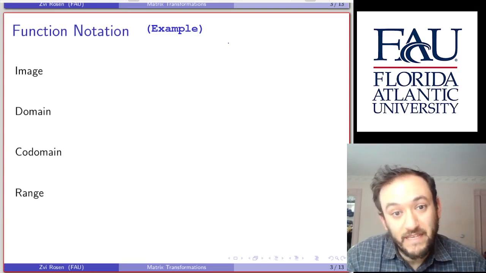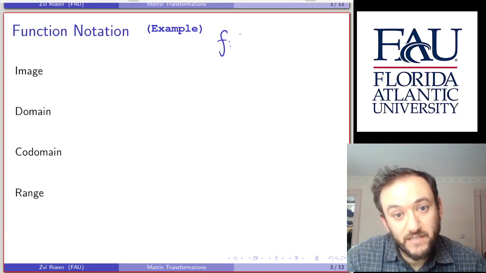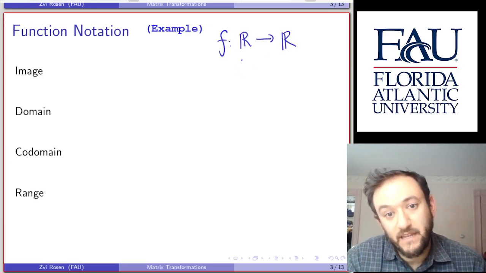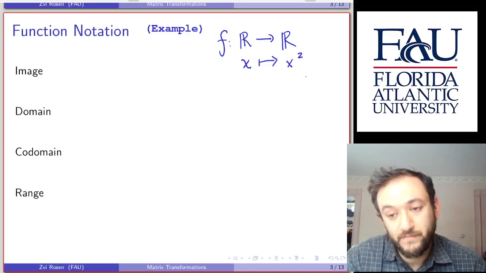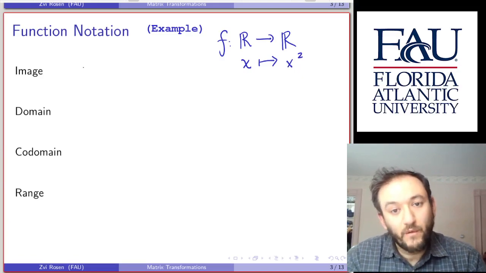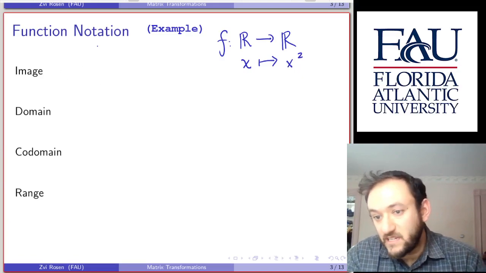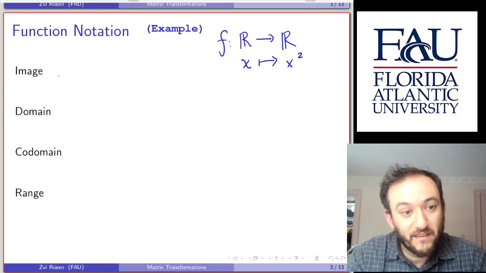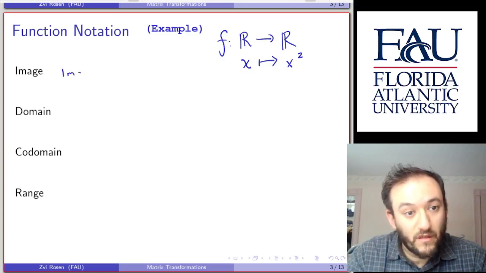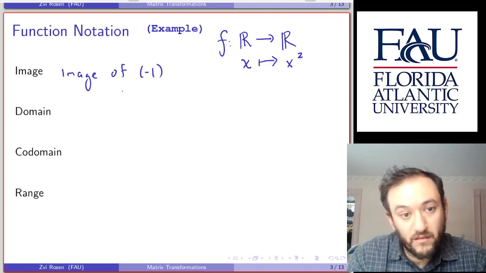Let's say f is the function taking the real numbers to the real numbers by sending a number x to its square. Okay, well then, if we're looking at a specific element, we could say that the image of -1 is +1.